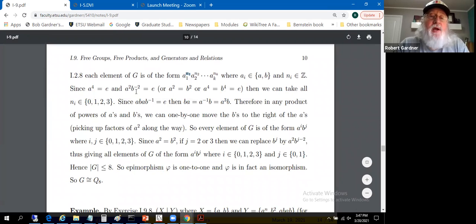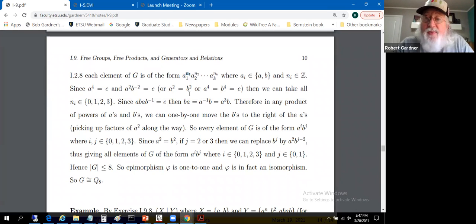So if we get A squared B to the negative 2 equals the identity, that could be rewritten as A squared equals B squared. Let's take the B to the other side. We could square both sides effectively to produce A to the 4th equals B to the 4th, also equals the identity, because A to the 4th equals the identity.